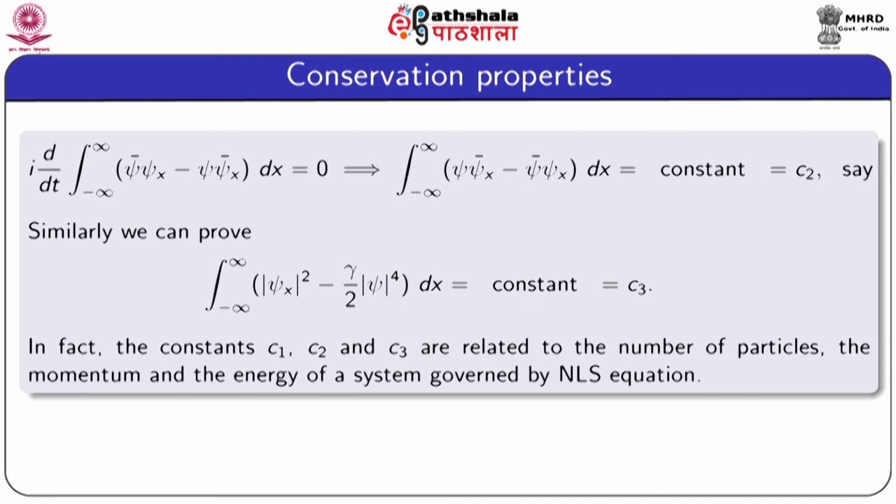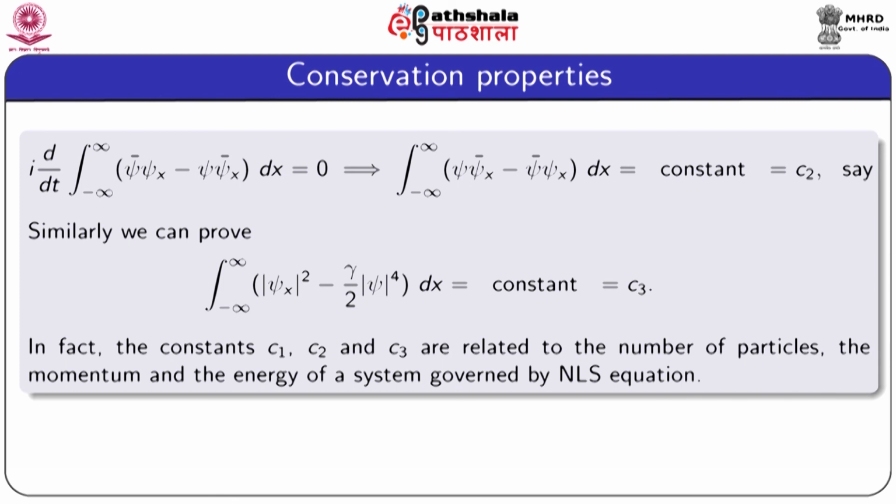That means the quantity integration of (psi x bar psi minus psi bar psi x) dx remains constant, and let that constant be C2. In a similar way, we can prove that the quantity integration of (mod psi x square minus gamma by 2 mod psi to the power 4) dx also remains constant. The derivation of this integral is available in our e-text.